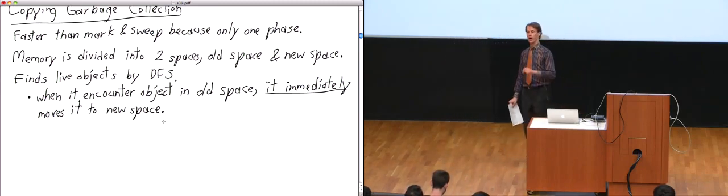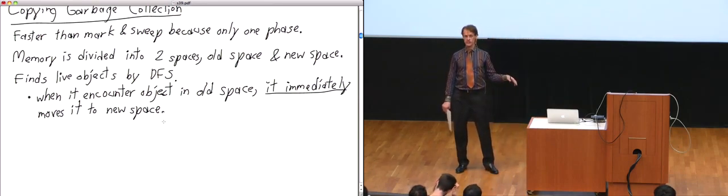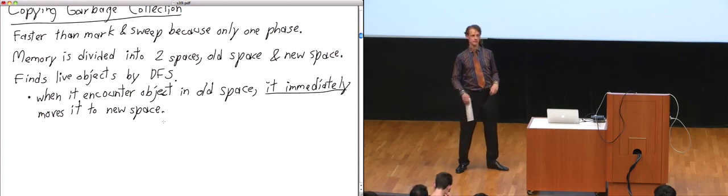And after all of the objects that are live have been moved to the new space and we're done with the depth first search, then we just forget about all the objects in the old space. It's like we just don't have to ever think about the old space again. It's dead, it's a graveyard. You can wipe it out with zeros and start over fresh.